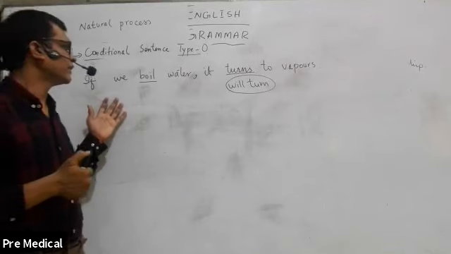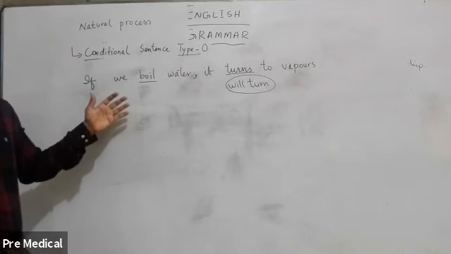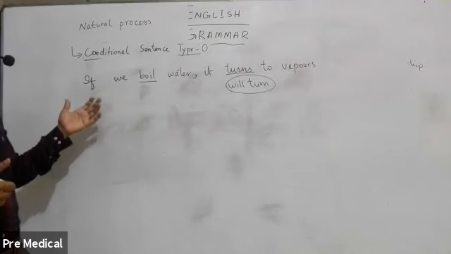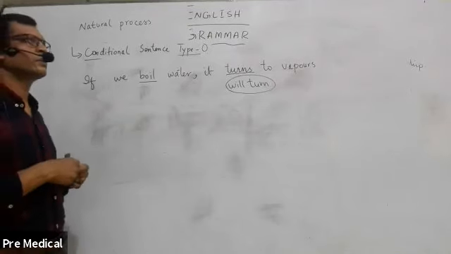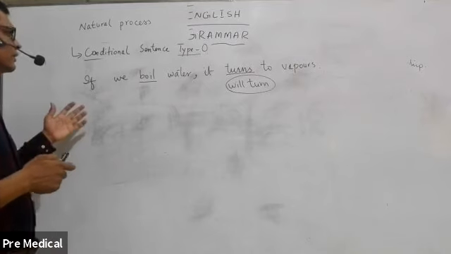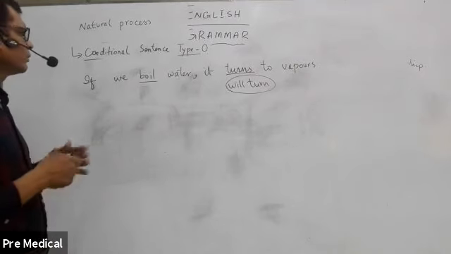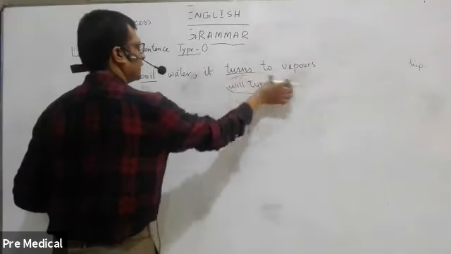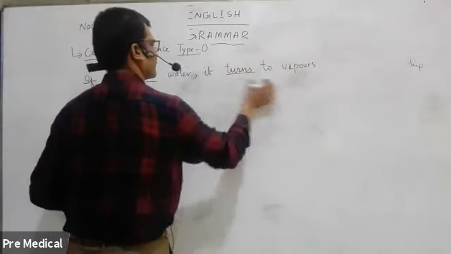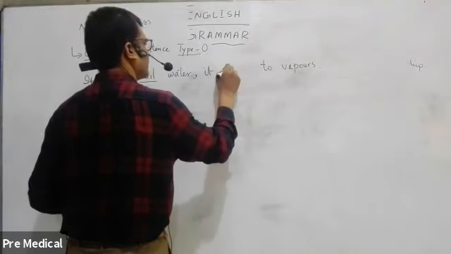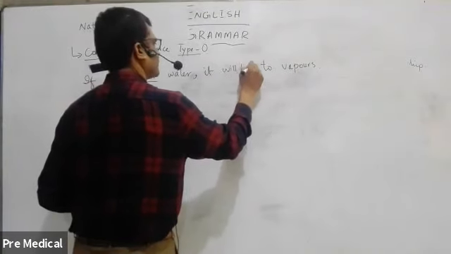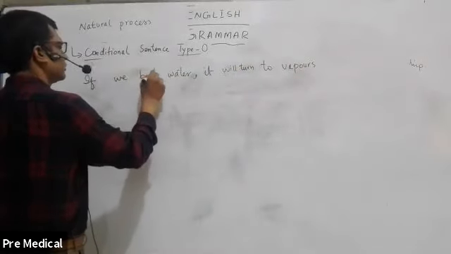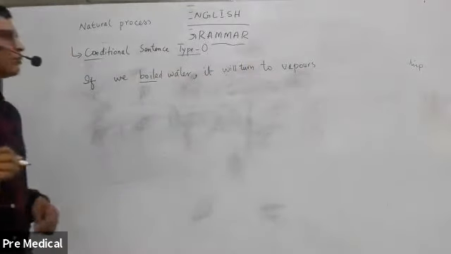So if the examiner is trying to give you such a structure, the sentence could be like, if he boils water, he might use will turn here, or he might use the second form here.